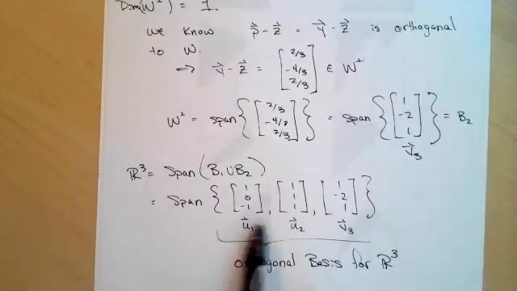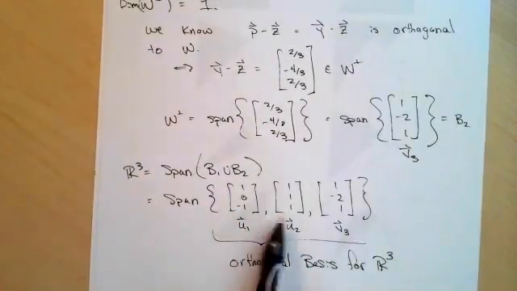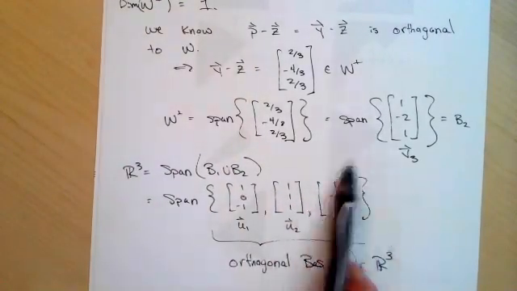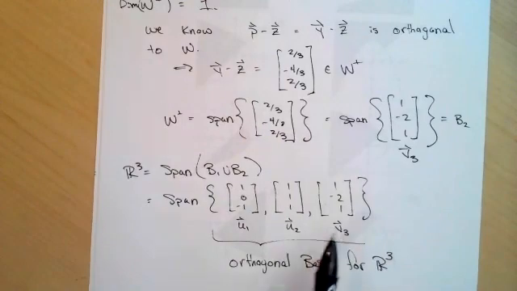And we nicely have them arranged where the first two vectors are our subspace W, then the perpendicular complement, the span of V3, is going to be W perpendicular. Any questions on that?